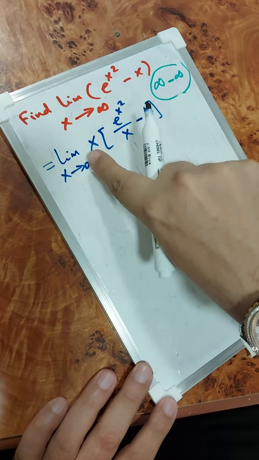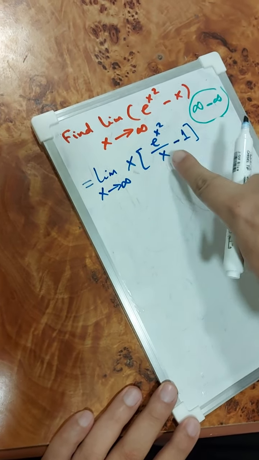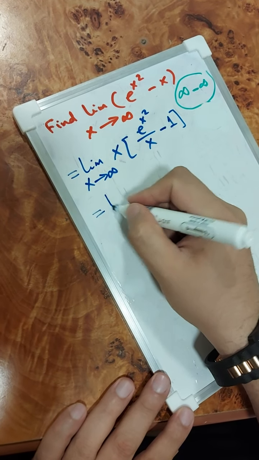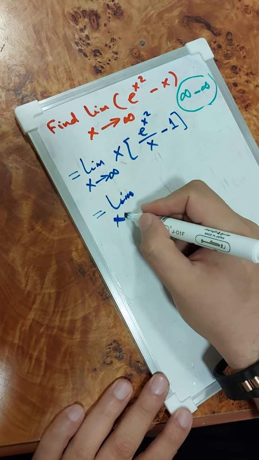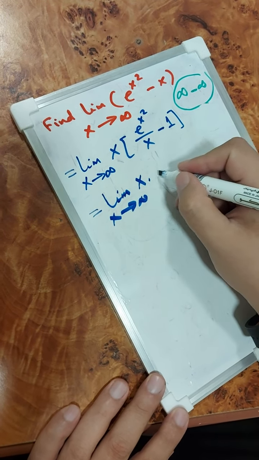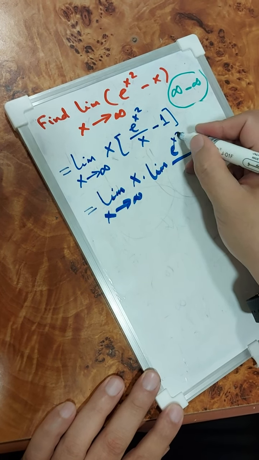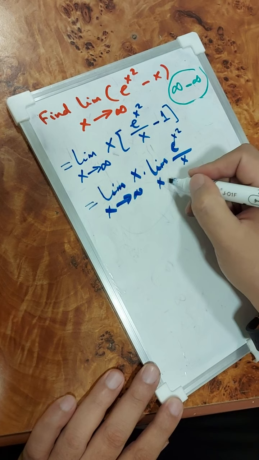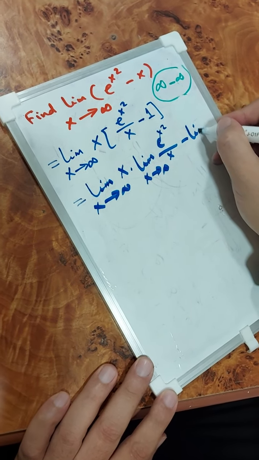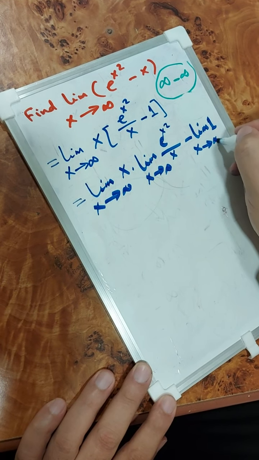Based on the laws of limits, we can distribute the limit to this expression as follows. This is equal to the limit as x approaches infinity of x, multiply the limit of e power x square over x as x approaches infinity, minus the limit of 1 as x approaches infinity.